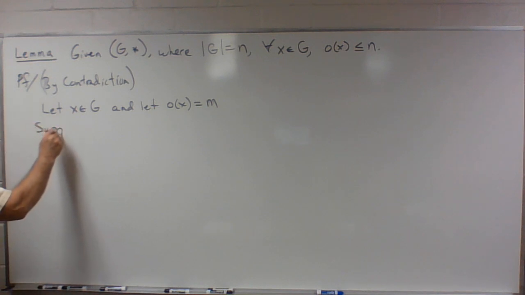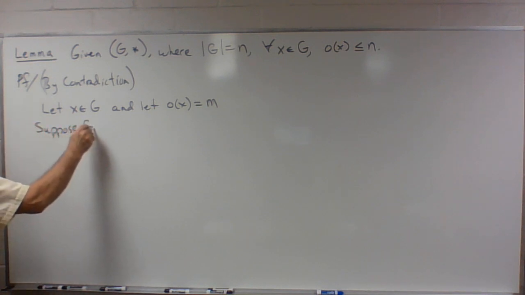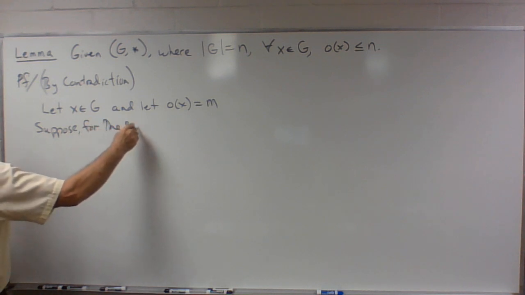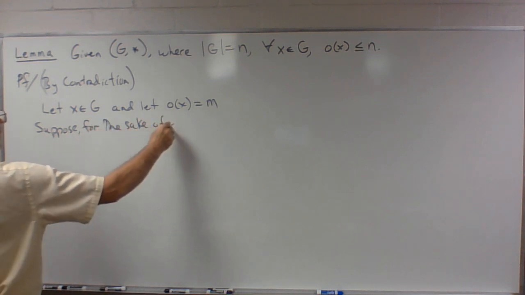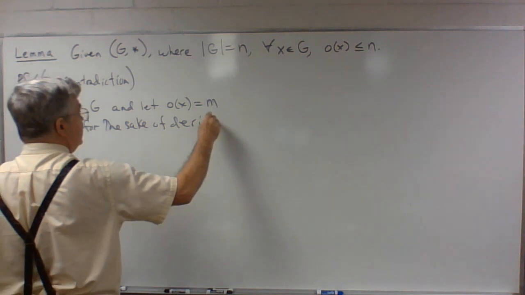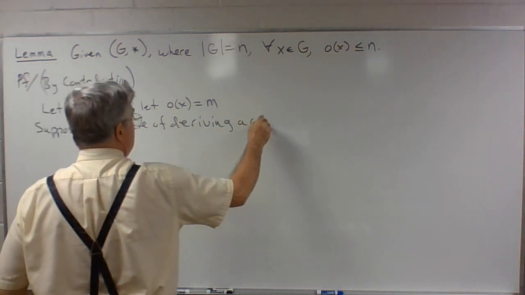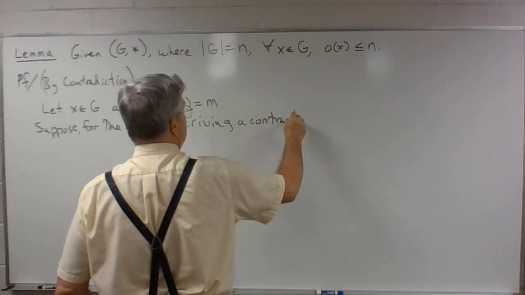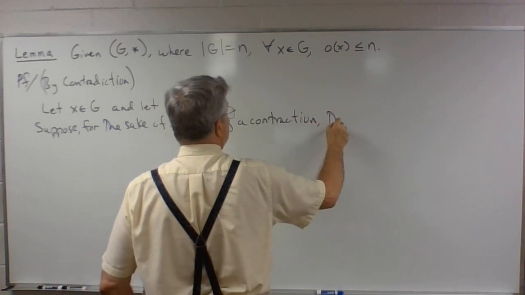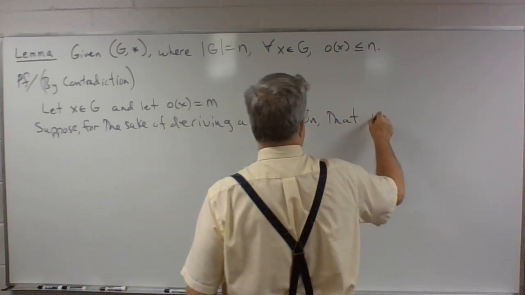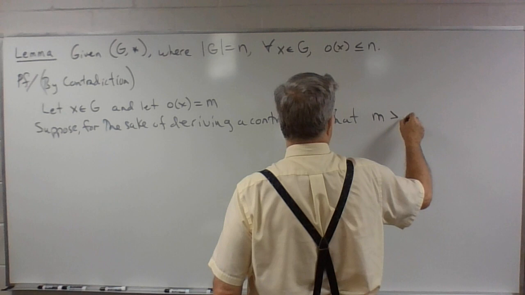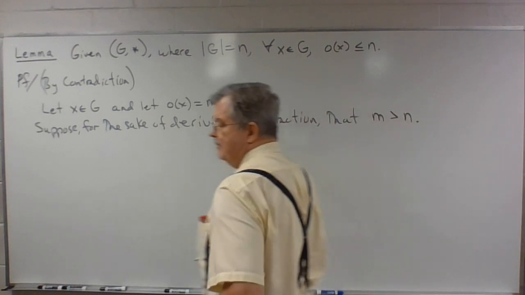And then I'll say, suppose, for the sake of deriving a contradiction, that m is greater than n.